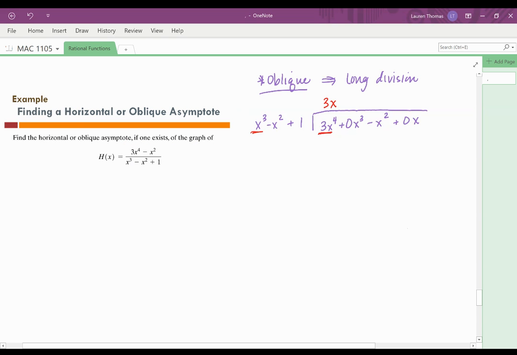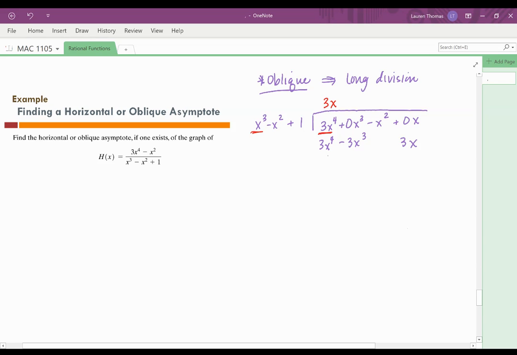So 3x times x cubed is 3x to the fourth. 3x times negative x squared is negative 3x cubed. And 3x times 1 is 3x. Okay. Notice that when I'm doing this, I'm lining the terms up based on their degree. It helps the whole process go a lot smoother when you do that.